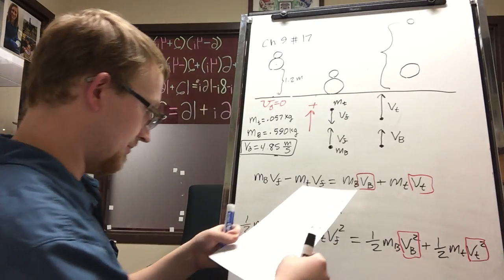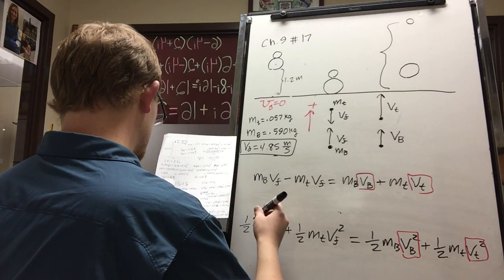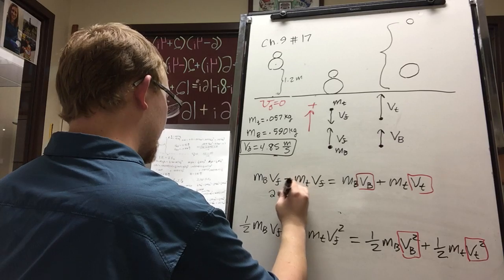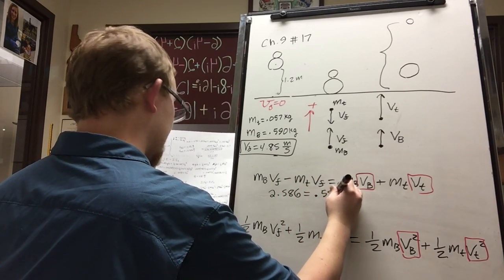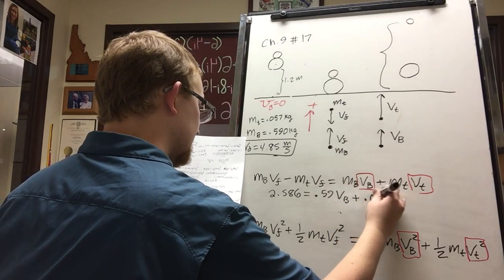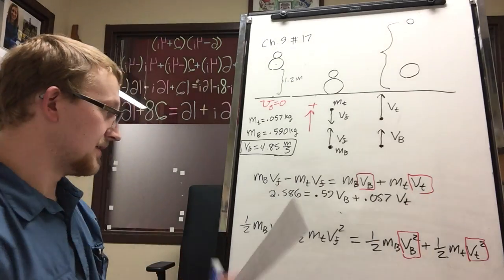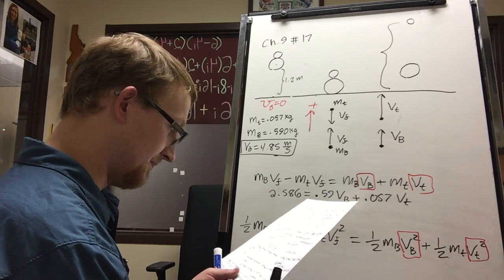So I'm just going to go ahead and plug these in. So this ends up giving me 2.586 equals 0.59 VB plus 0.057 VT. That's for this equation. Let's see what the energy one gives us.